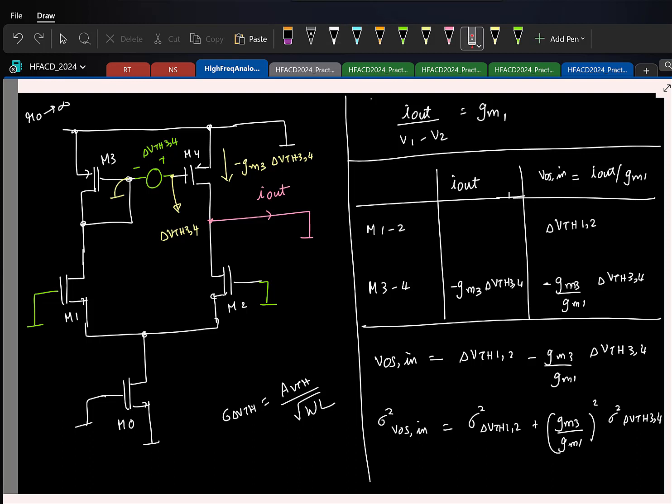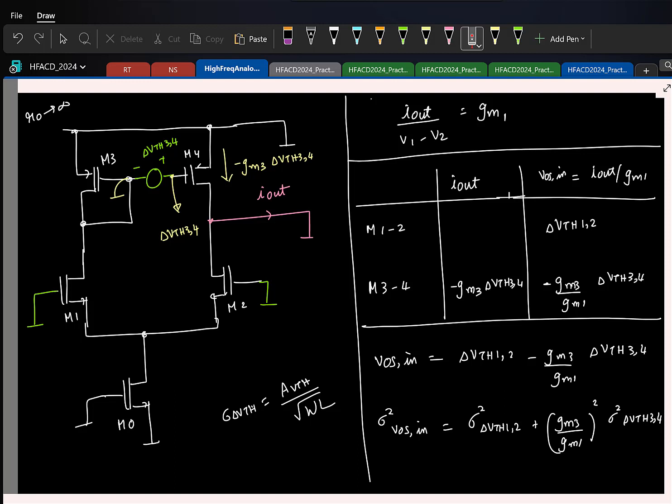So now again we can make some observations. To reduce the mismatch due to the input pair, what is the only option? You have to increase area. That's the only option. For reducing the mismatch due to M3, M4, of course you can increase the area, that will reduce this quantity directly. But what is something else you can do? Increase GM1 or reduce GM3.